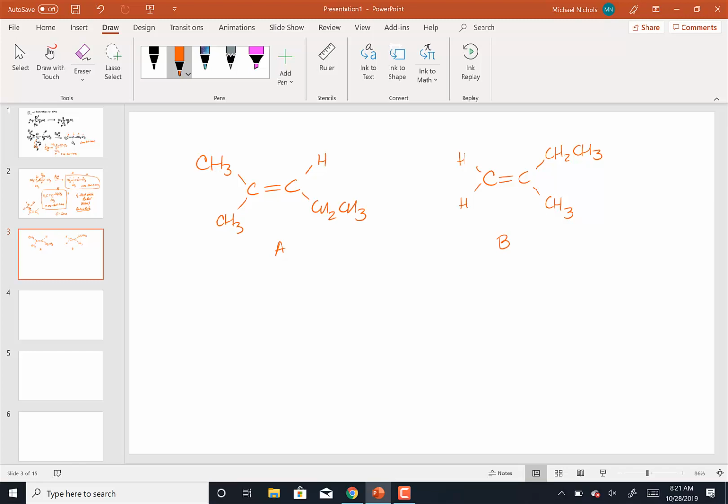How many alkyl groups are attached to the double bond in product A? Your choices are 1, 2, 3, and 4. So how many alkyl groups are attached to the carbon-carbon double bond in A? One, two, three, or 4.